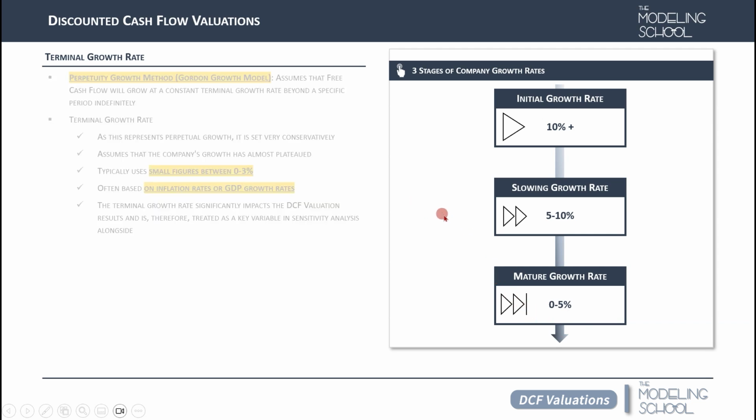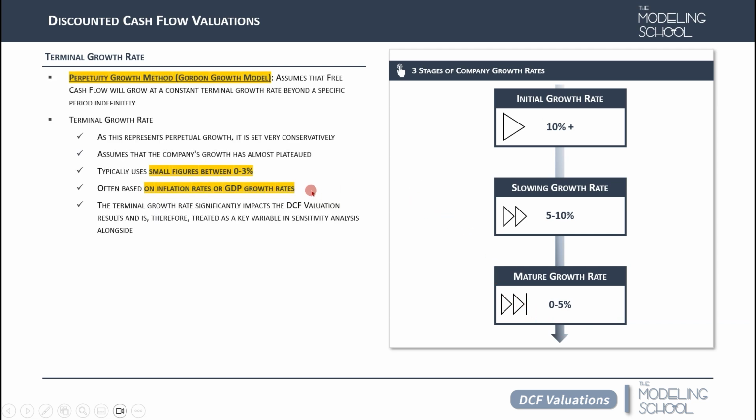In offline classes, I often ask students, what percentage would be a very good low number for this terminal growth rate? Most of the students do say a very low number, 0 to maybe 5%. And yes, it is true.